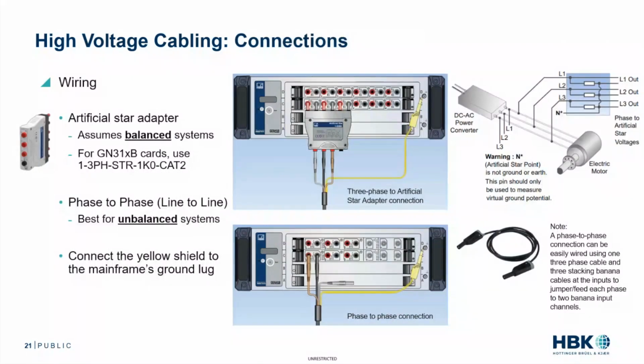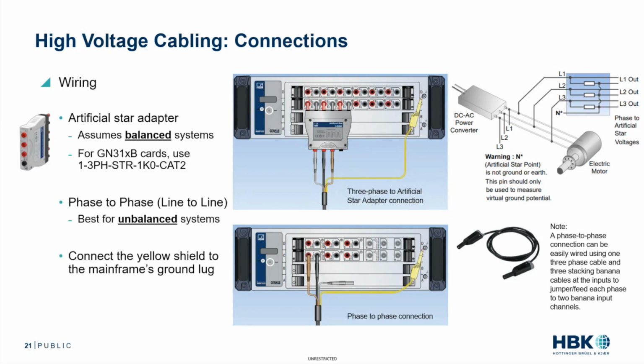So this power card, as you see here, also is married nicely for convenience with an artificial star adapter, which basically artificially is providing you the star of the motor. But this measurement technique, however convenient, assumes that the system is balanced. And of course, that's not always the case.